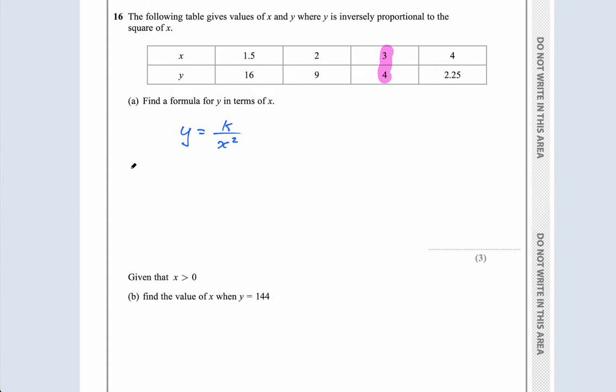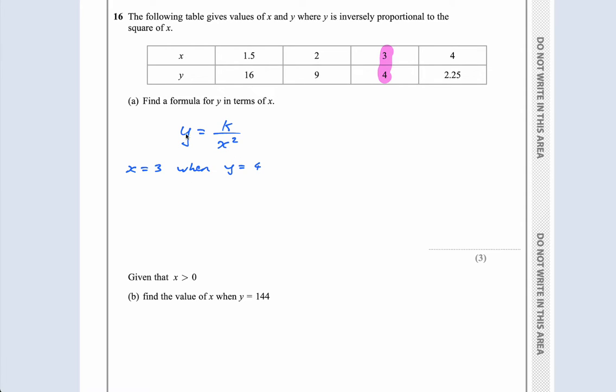So I'm going to write that down. x equals 3 when y equals 4. Why did I choose 3 and 4? Only because they're the easiest numbers. I could have chosen 2 and 9. I could have chosen any of them, but 3 and 4 seem like nice small numbers. You would get the exact same answer if you chose any pair, but we need at least one pair.